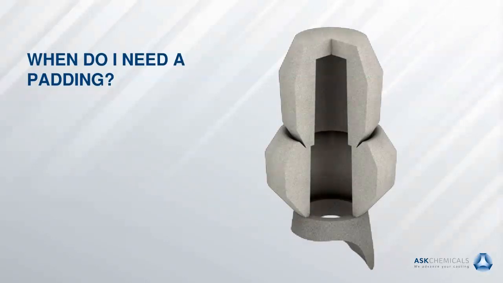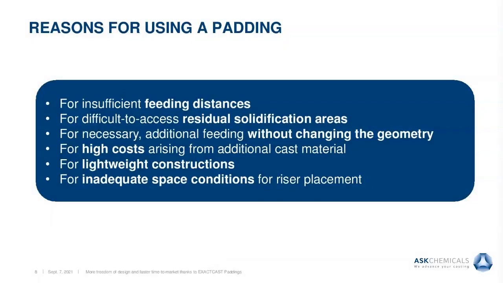That means in every case, if you have any issues with the feasibility or castability of a casting, you can use a padding when there are problems in feeding distances, difficult to access residual solidification areas, or if there is a change in geometry needed so that you can realize a feeding there, you can always think about using a padding in this way.